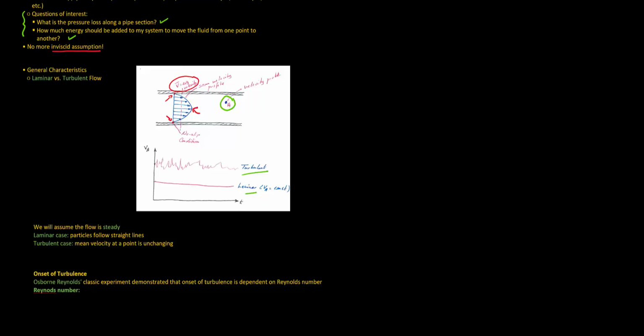For a turbulent flow, on the other hand, we will see a lot of oscillatory motion for the velocity signal. We can still define an average velocity for that point for a turbulent flow. So this is what we would expect if we were to look at a time series of a turbulent flow or a laminar flow at a given point.